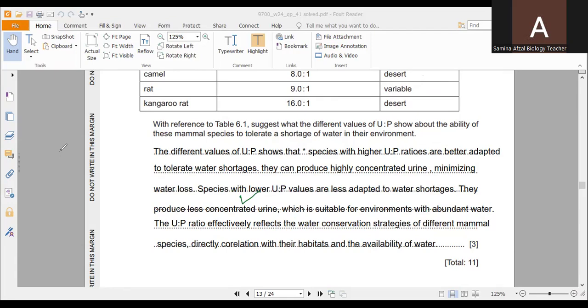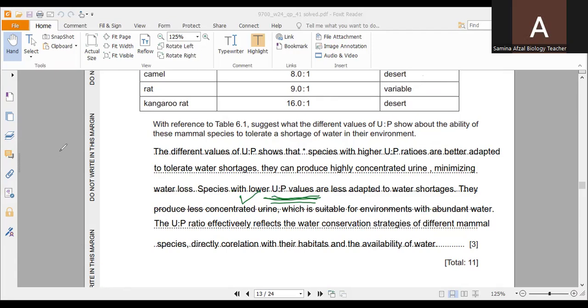More concentrated urine. But with lower UP values, the species don't need to conserve more water because they are living in an environment where there is no need to save the water. So their urine will be dilute and less concentrated.